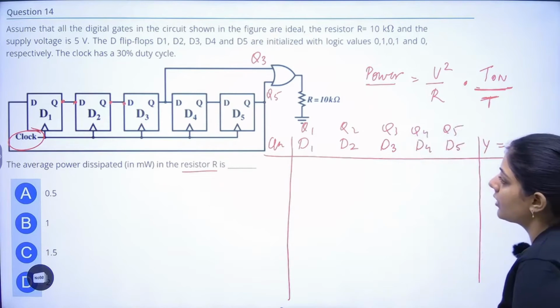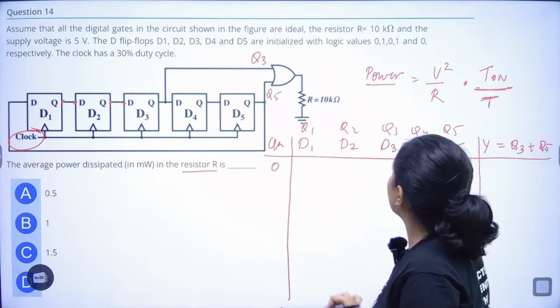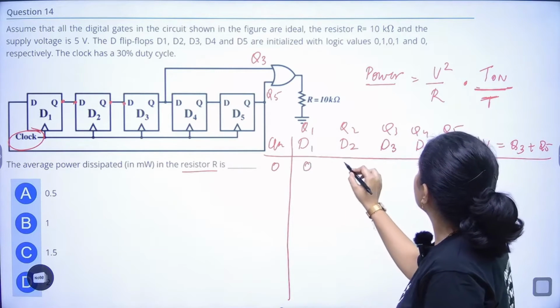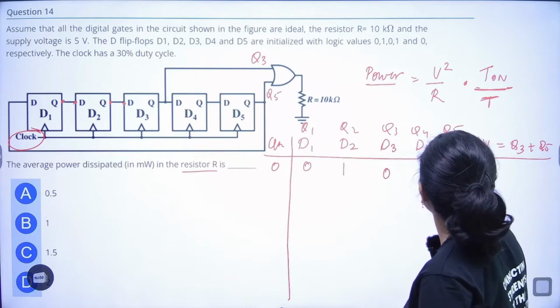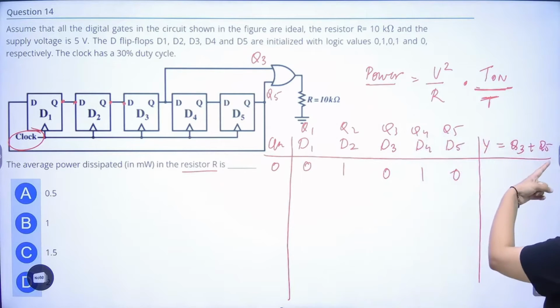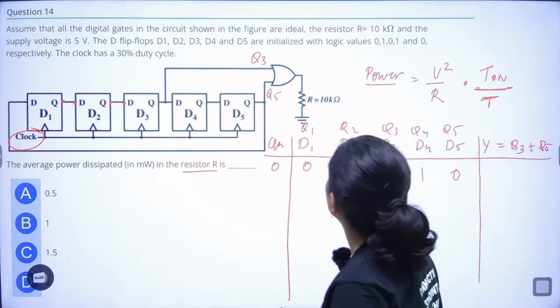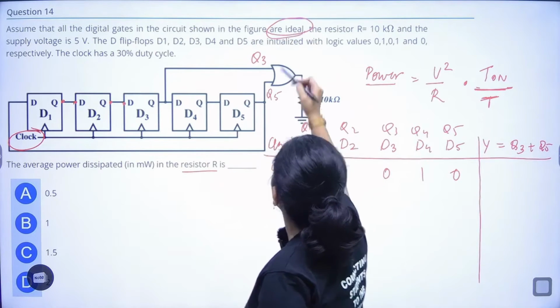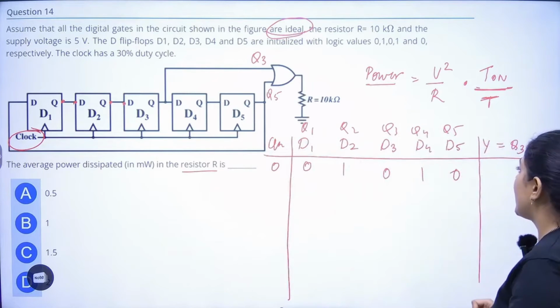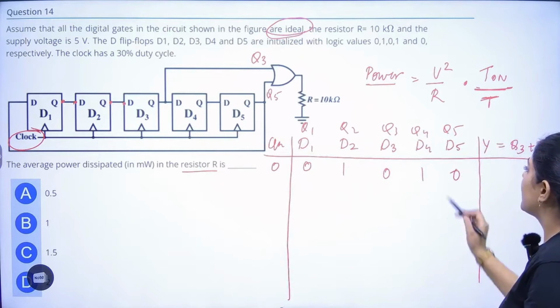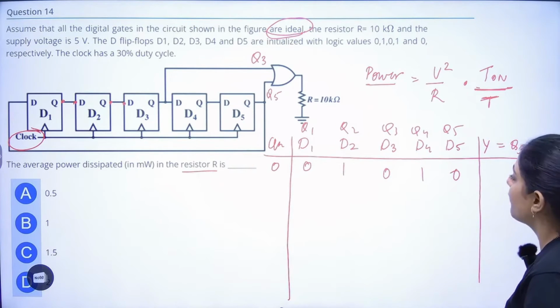Okay, so clock, initially the values are given as 0, 1, 0, 1, 0. There are no delays, they are ideal. So output will be Q3 plus Q5, 0 plus 0, so it will be 0.